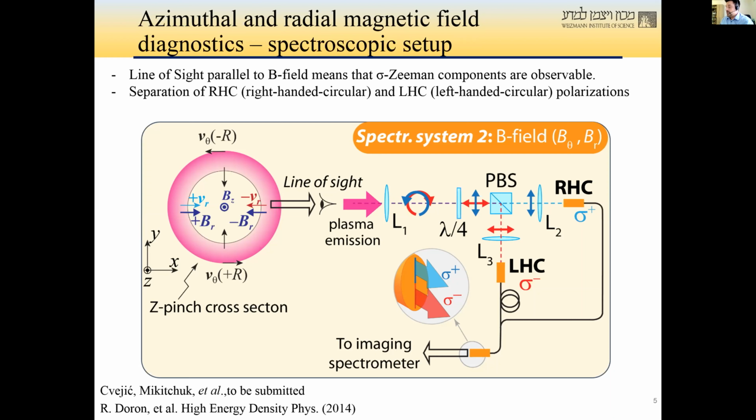Now, from the same spectral recording used for B theta determination, for the BR determination, we use an integration chord that is parallel to B, that is, the line-out at y equals 0. In the following slides, I will explain the BR measurement idea and how the complex line spectrum is deconvolved.